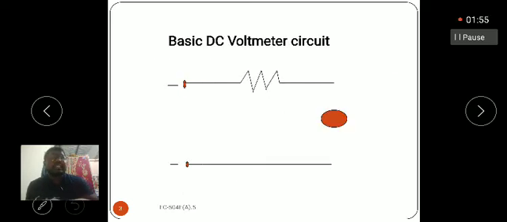The basic DC voltmeter has this diagram: Rs is the series resistor, Rm is the meter resistance, the total voltage is V, and the current is I. This is the basic DC voltmeter circuit.